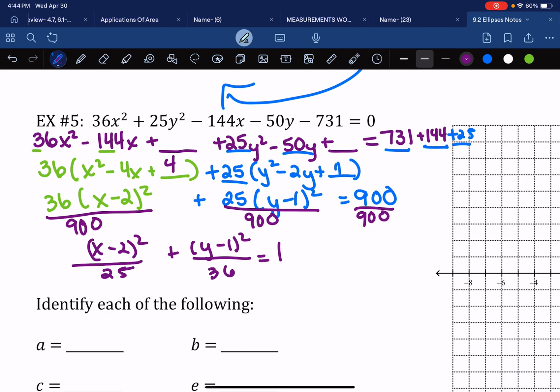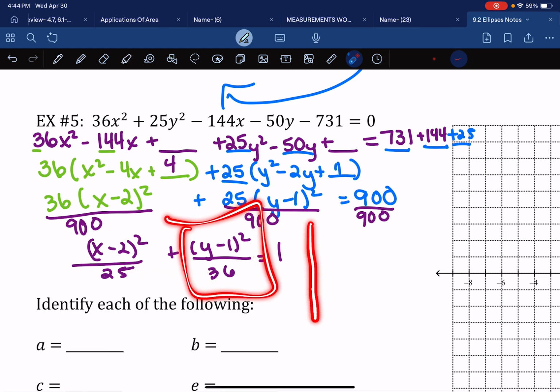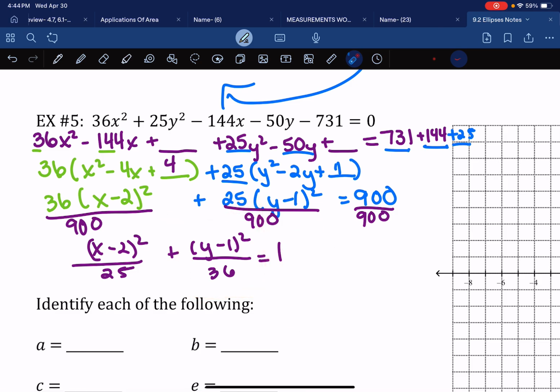Okay, that bigger term is with the y's, so that means that it is vertical. So 36 is bigger than 25, so that means that it is going to be longer this way, so it's going to be vertical.